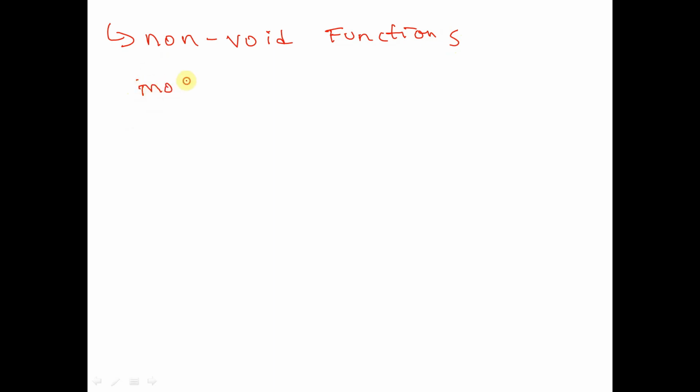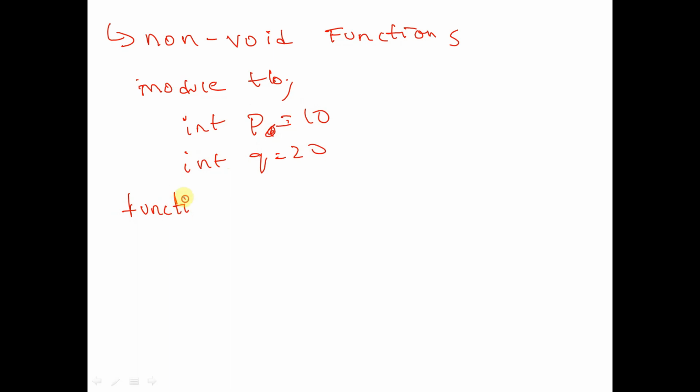I will write a module called tb, and in this tb I will declare two variables, int p is equal to 10 and int q is equal to 20, and I will write a function called multiply. For this, my inputs are p and q. I should mention the direction here.